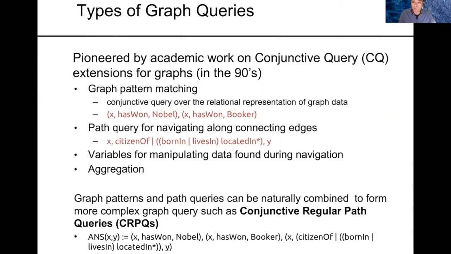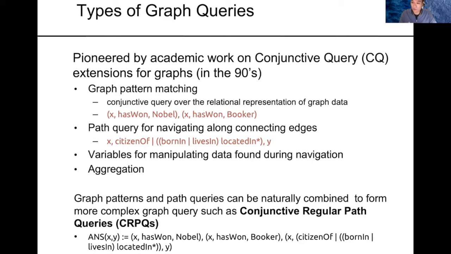So there are four kinds of typical graph queries. The first is graph pattern matching. It is a conjunctive query over the relational representation of the graph. For example, someone has won the Nobel Prize, someone has won the Booker Prize, forms a very simple graph pattern. The second is the path query for navigating along connecting edges.